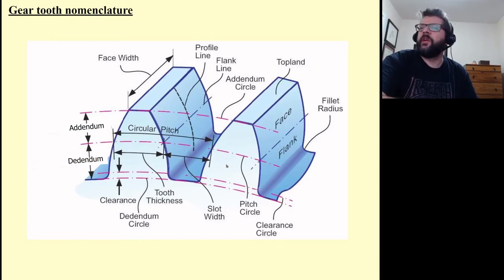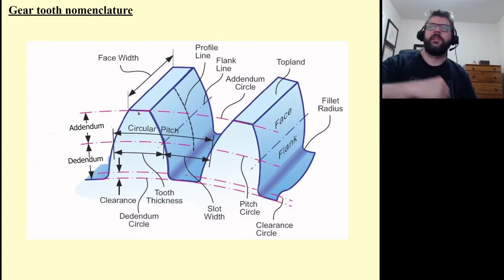So, some nomenclature. We've got the top land up at the top. Got the addendum circle. That's basically the circle that outlines the very end of the teeth.